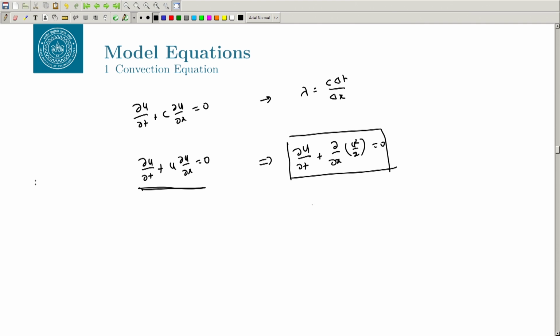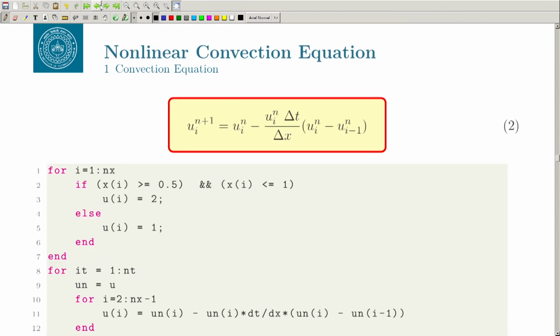So, you do not know a priori the value of u delta t by del x. The other thing is that u is changing everywhere in the grid. You can have regions where the speed is high and regions where the speed is low. Accordingly your Courant number will also change. That makes things a little bit complicated.